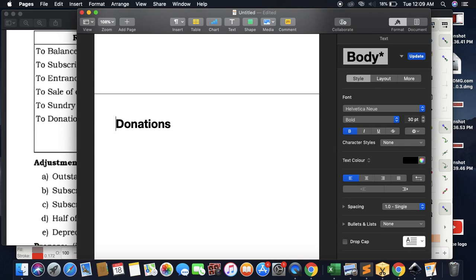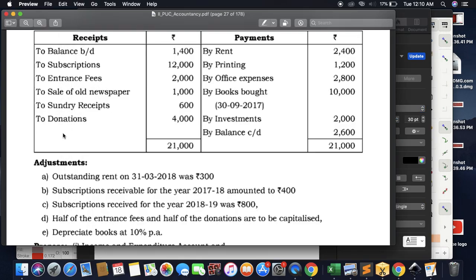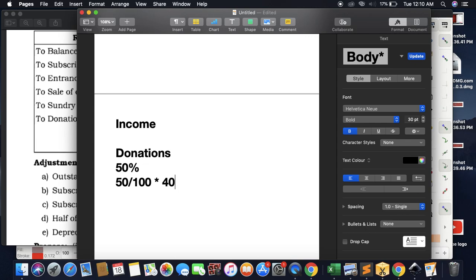This is again on the income side of the income and expenditure. 50%, that is 50 divided by 100 into, in this case the donation is 4000, so you can write 2000 rupees in the outer column like this.